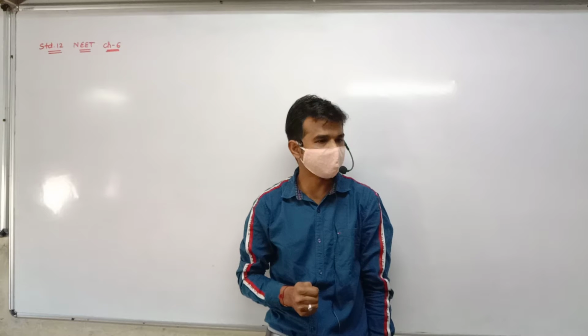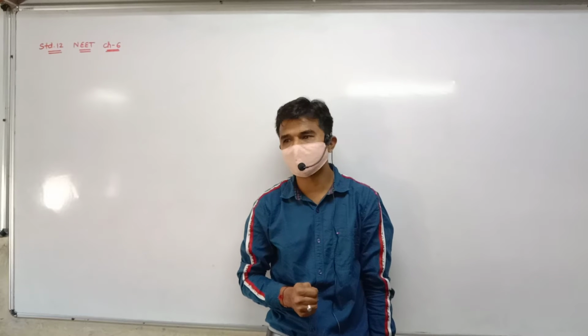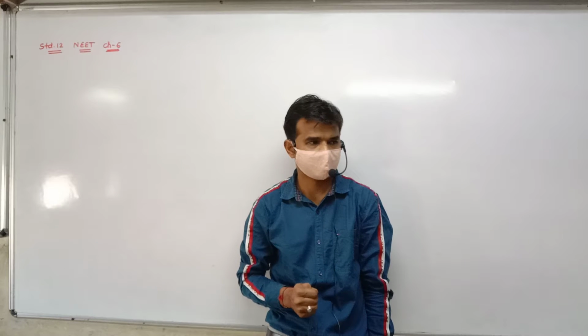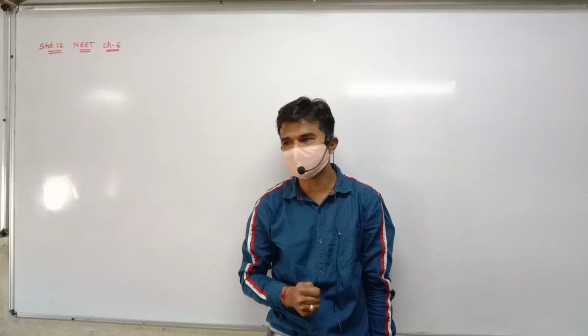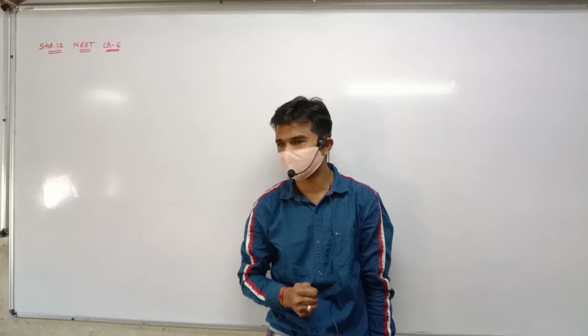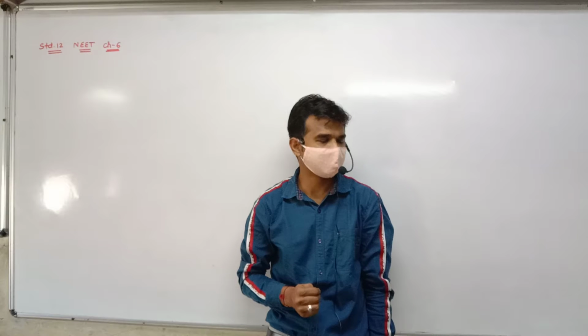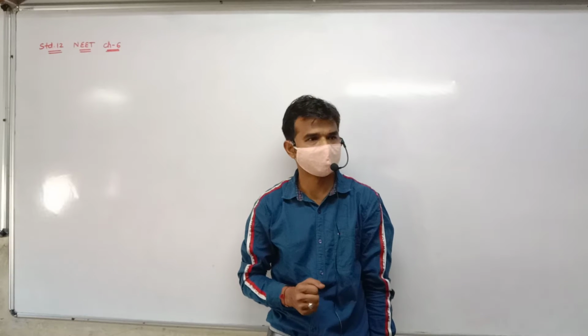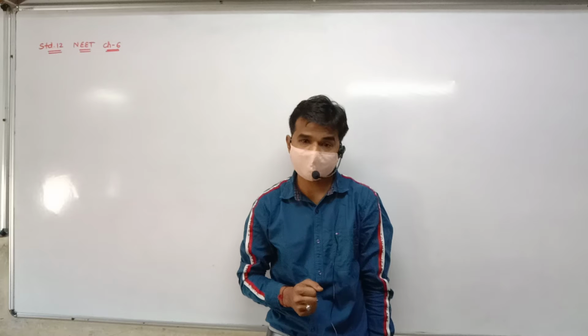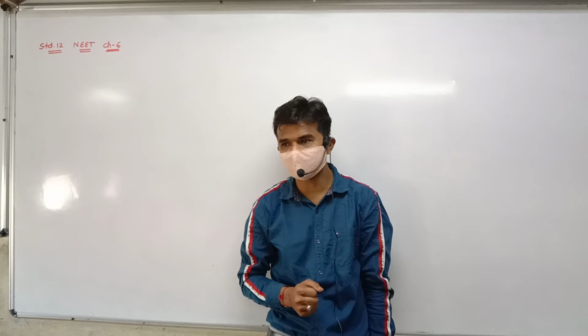It has a smooth surface as well as a smooth colony, which produces a toxic substance and causes pneumonia. And the second is the avirulent type, with a rough surface and rough colony, which cannot produce any toxic substance.